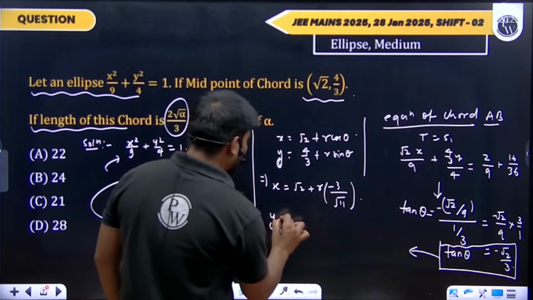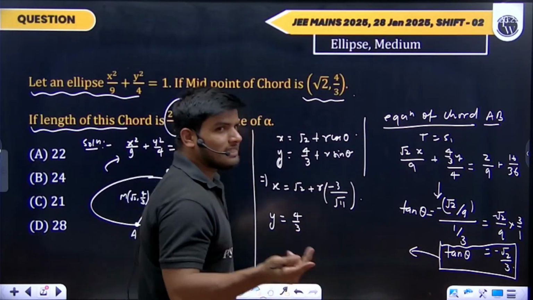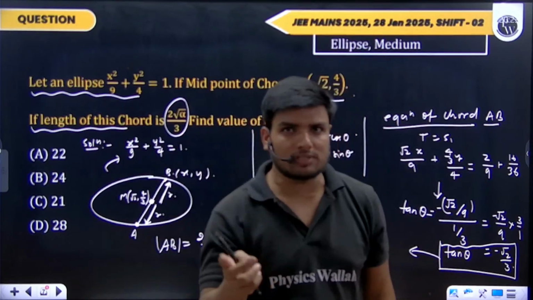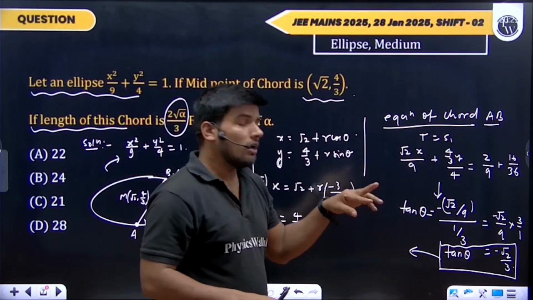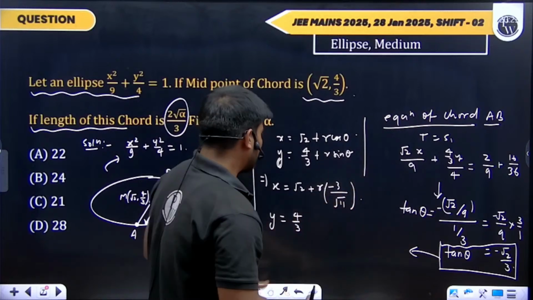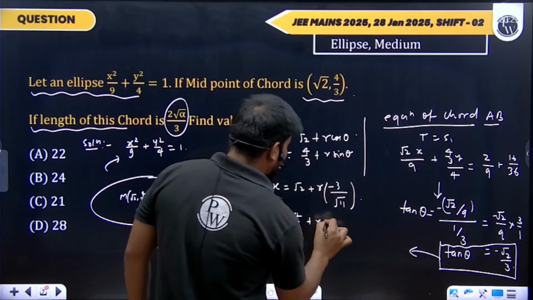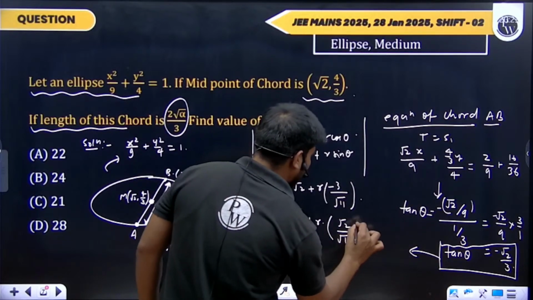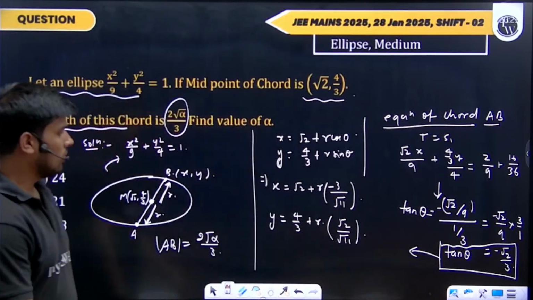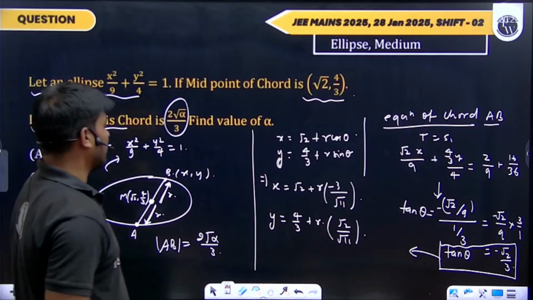And y will be 4 by 3 plus r into sin theta as root 2 upon root 11, because sine is always positive in the first and second quadrants, and we take theta always in the interval 0 to pi.